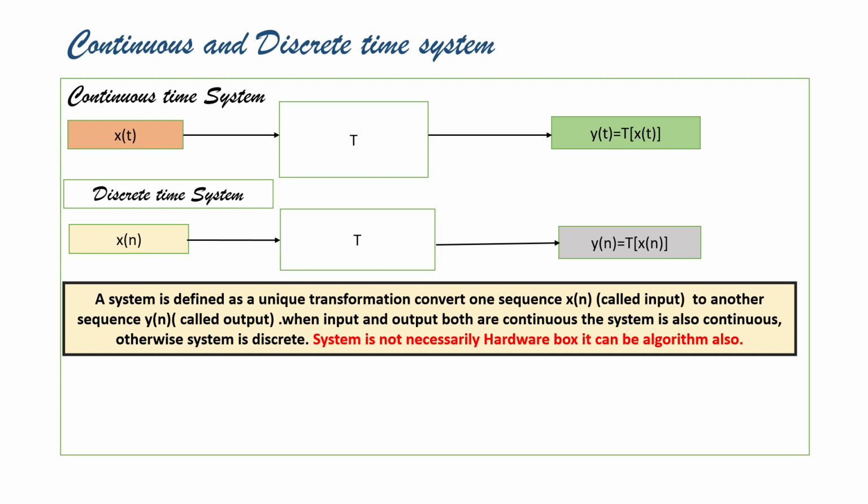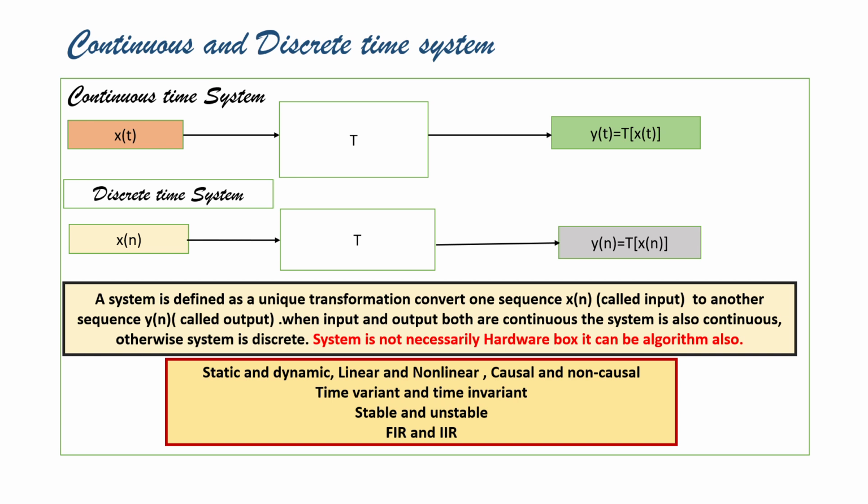Now, it is very important that the system is not necessarily a hardware box. It can be an algorithm also. Now, there are several systems: static and dynamic system, linear and nonlinear system, causal and non-causal system, time variant and time invariant system, stable and unstable system, FIR and IIR system. This course is basically designed for the MTech student.